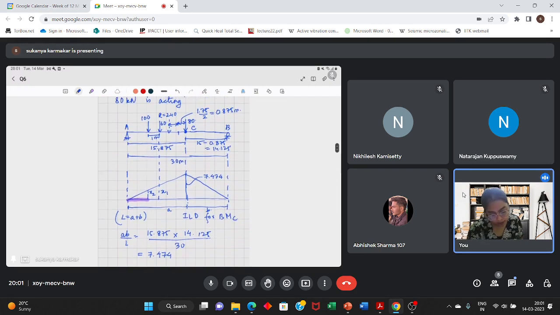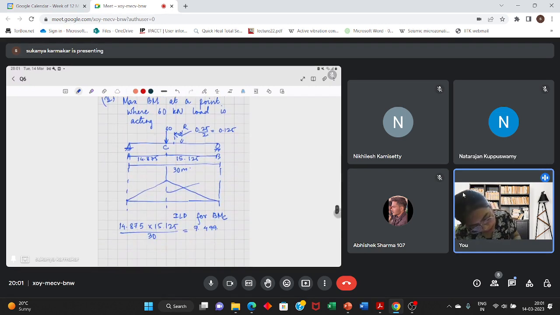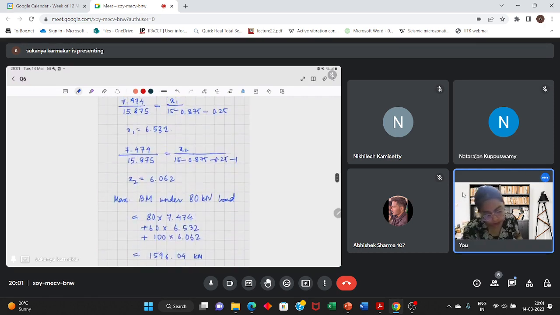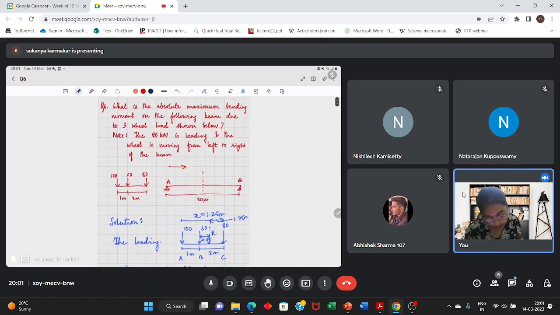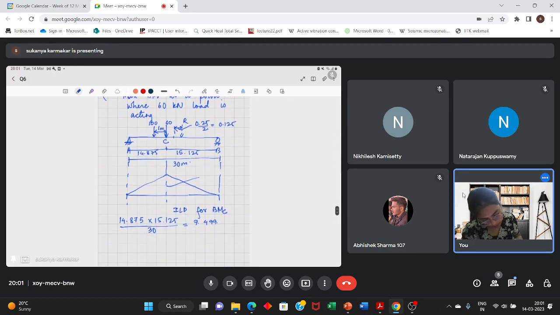Similarly, this is where 60 kilonewton is acting. On the left hand side, there will be the 100 kilonewton load acting, which is 1 meter away from it. And on the right hand side, there is the 80 kilonewton load acting, which is 2 meter away from it.